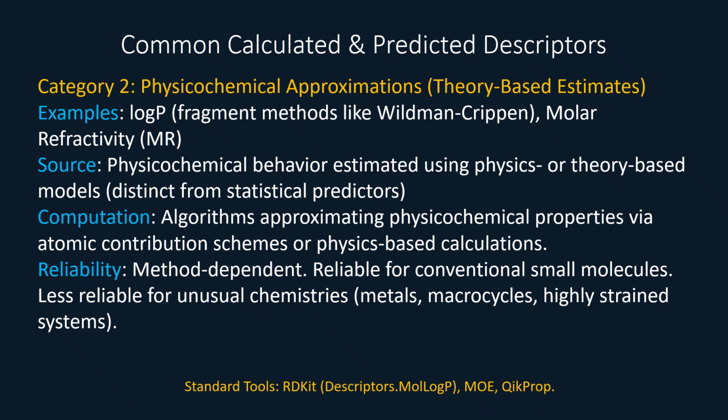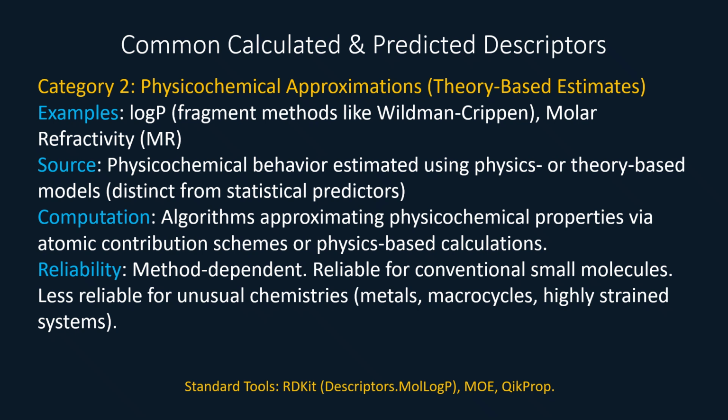When we move into unusual chemical space, such as metals, large macrocycles, or highly strained structures, those assumptions begin to break down, and the estimates become less reliable.